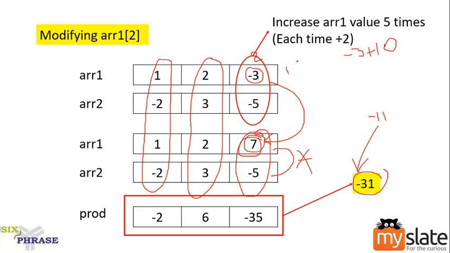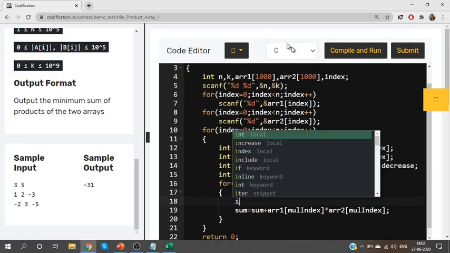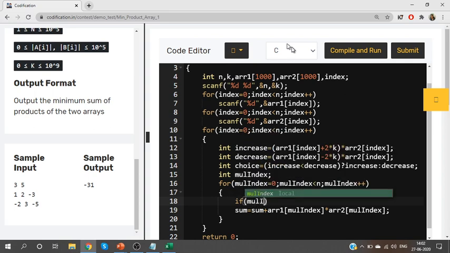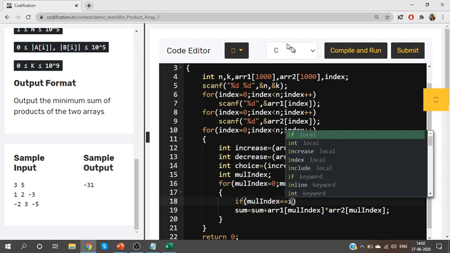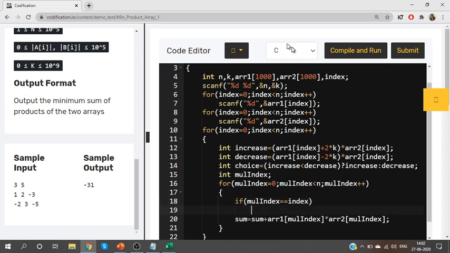Original product was 15 guys, but after modification product is minus 35. You should consider modified product value. For which one? For your working index. If you are working with the second index, for remaining indexes take the original value. For second index alone take the modified value. Okay. So if multiplication index is same as your working index, right?